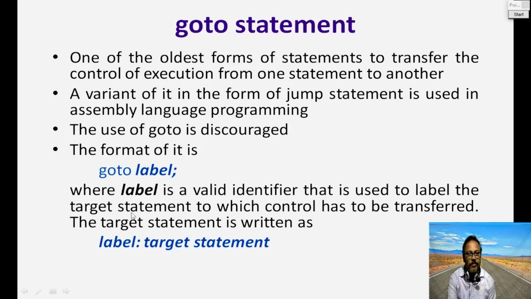The format of it is goto label. This label is nothing but the statement to be executed next. So before that statement you put a label. The label is nothing but a valid identifier.